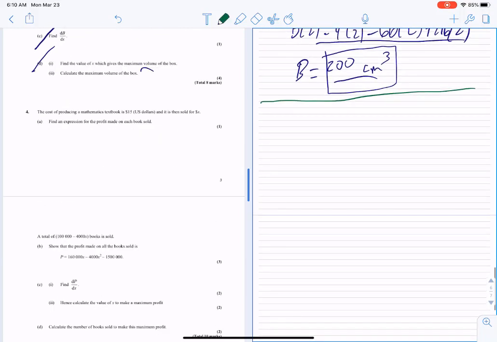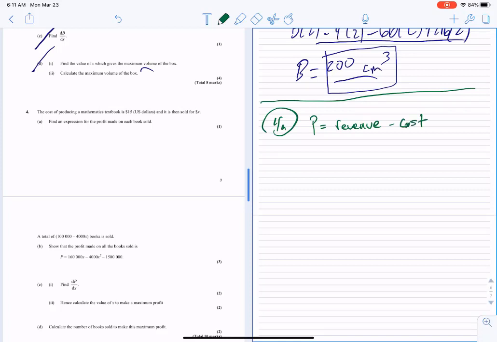So let's go ahead and do number 4. The cost of producing a mathematics textbook is $15, and then it is sold for x dollars, okay? Find the expression for the profit made on the book. Okay, so let's do 4A. Your profit is equal to your revenue, how much you're making, minus your costs.